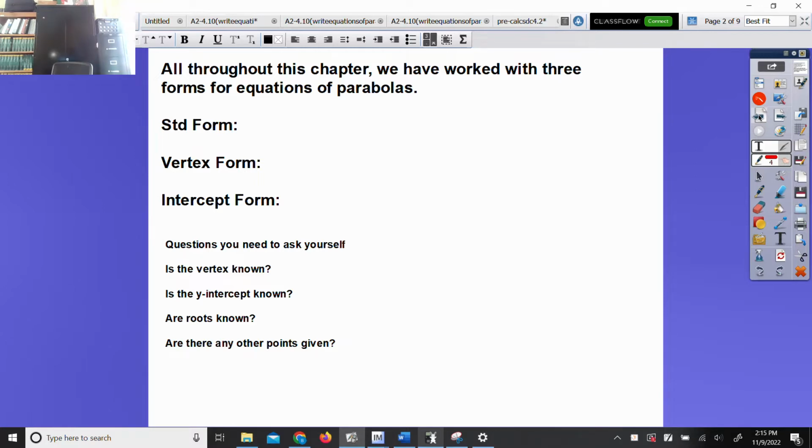Ax squared is part of it, plus bx plus c. If you're going to graph something, what's it set equal to? Some function name. It could be y, h of t, f of x. That's standard form.